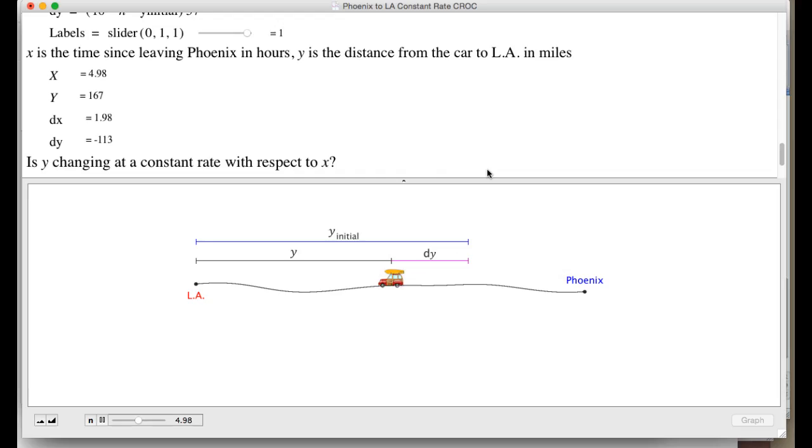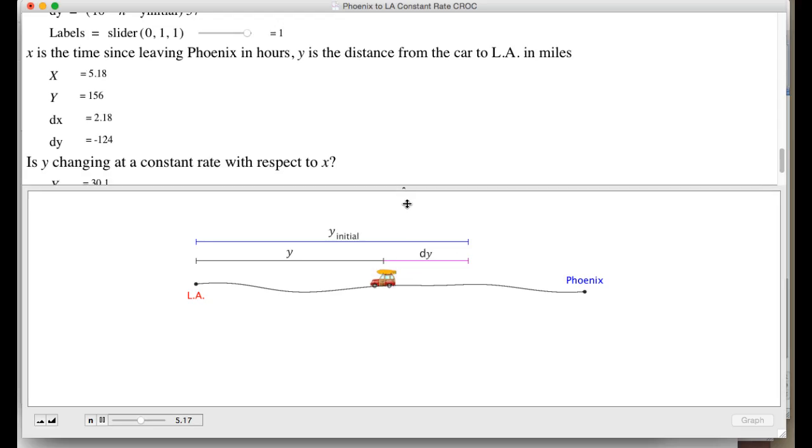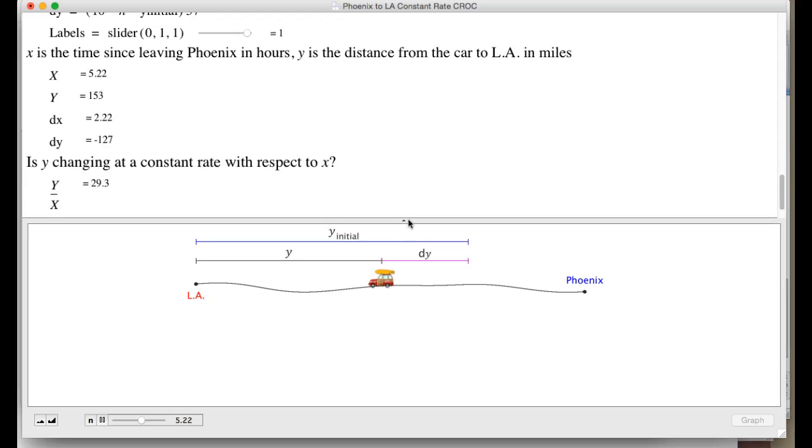And because of that, look at this. Now I'm going to show you the ratio of y to x. As x increases and y simultaneously decreases, you get a changing ratio of y to x. This is the same as asking, does y equal kx or mx?